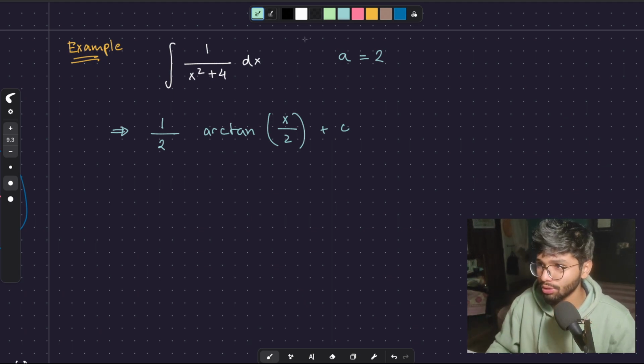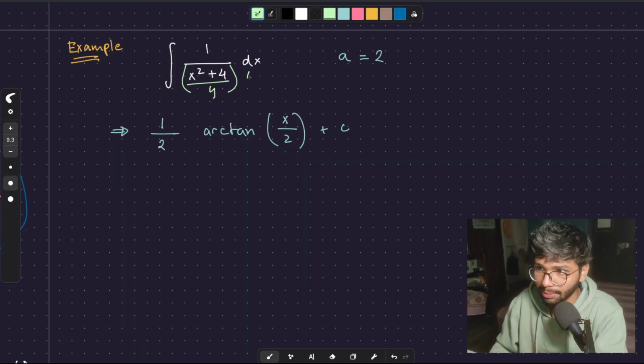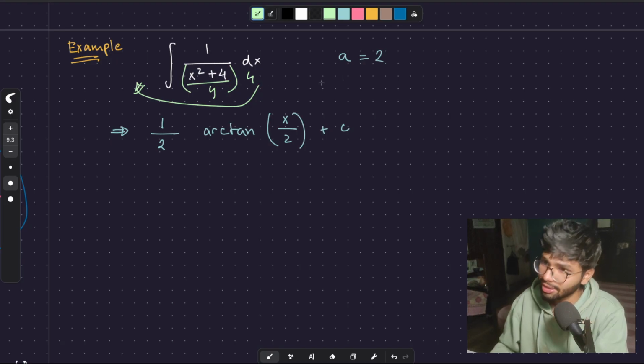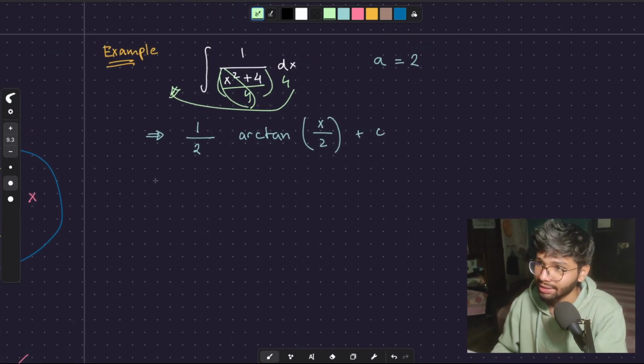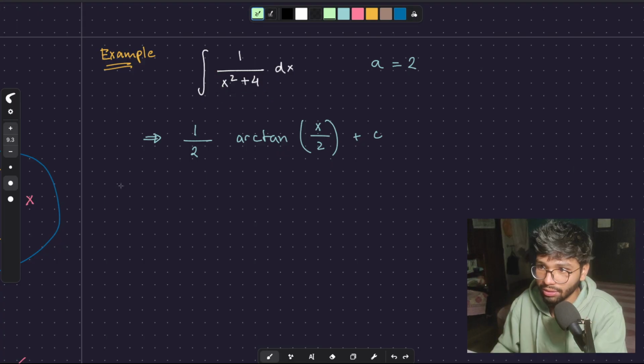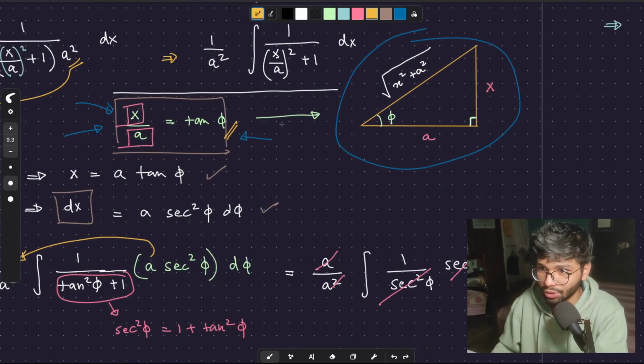Again, you can also just divide the whole thing by 4 and bring the 4 out, leaving x squared over 4 plus 1, then substitute x by 2 to be tan phi, and do it that way. Same old substitution that we made just here.